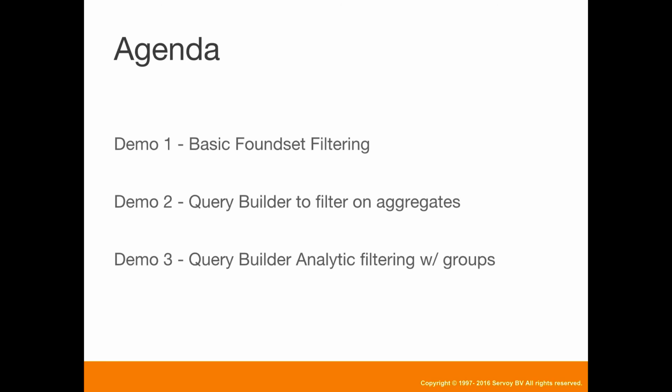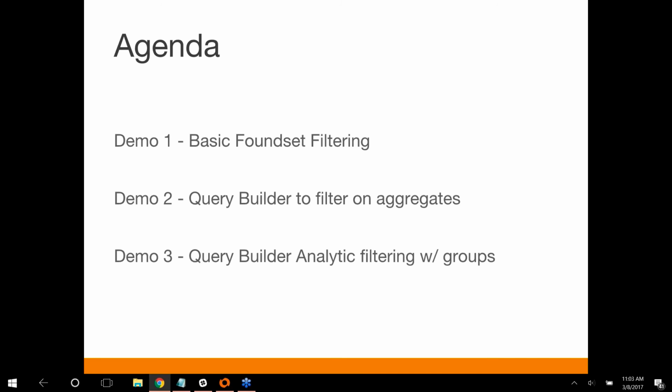One is using the Query Builder API to filter based on aggregate criteria. And then in a third one, imagining an analytic scenario where you're doing filtering, but you're also doing grouping and looking at some KPIs or metrics in some dashboard. So let's get into it.